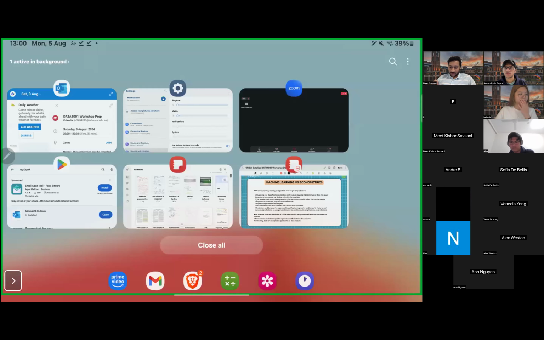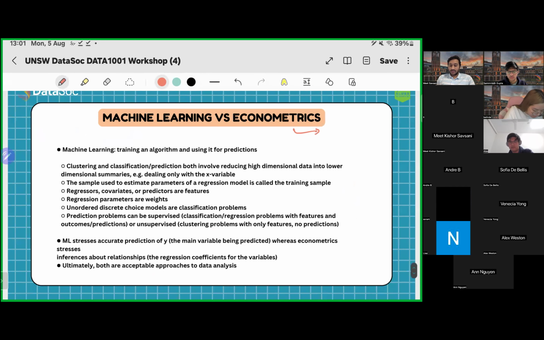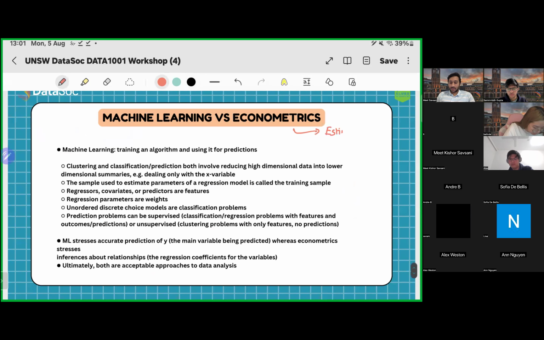So we'll quickly go over the last few slides. First of all, what's the basic difference between machine learning and econometrics? Econometrics is basically used for estimation, and machine learning is for prediction.